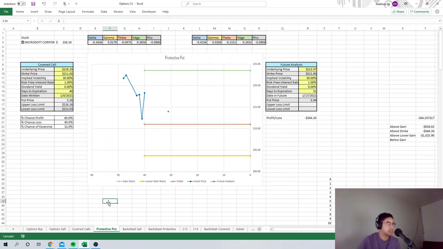So the protective put is when you own 100 shares of whatever stock. In this case it's Microsoft, but you want to hedge against the possibility of it going down. So you want it to go up, but if it goes down, you're insured. That's basically what it is.